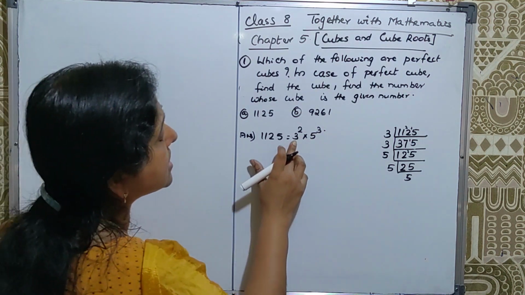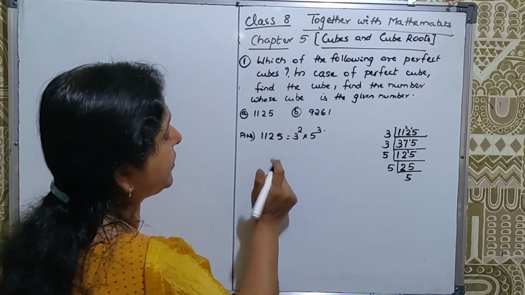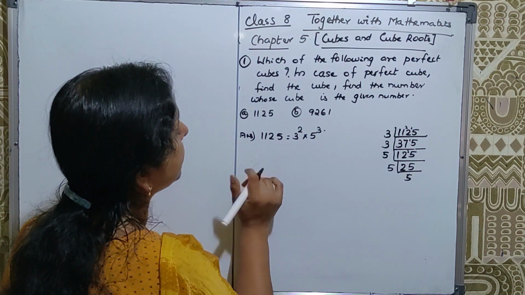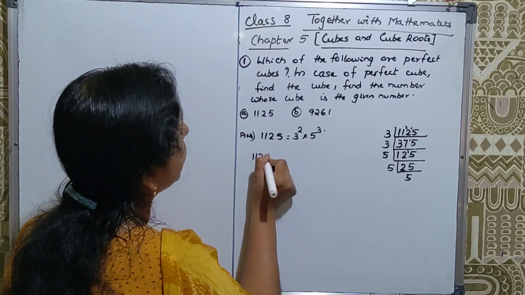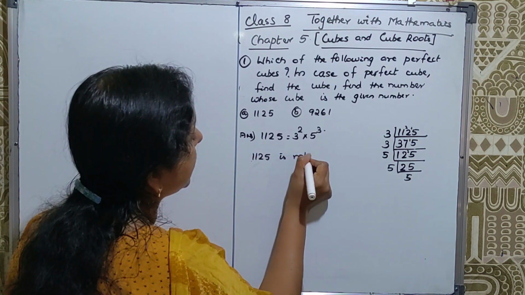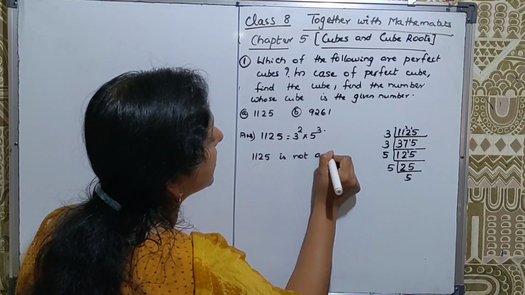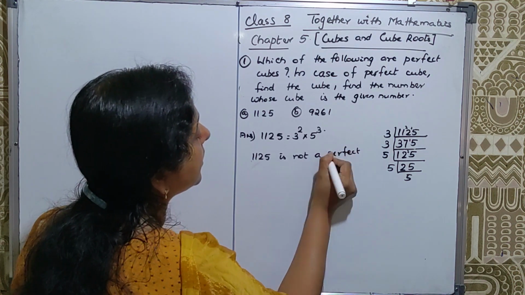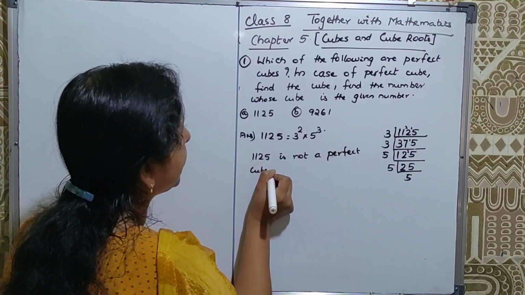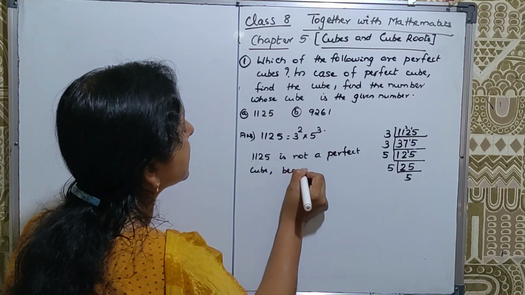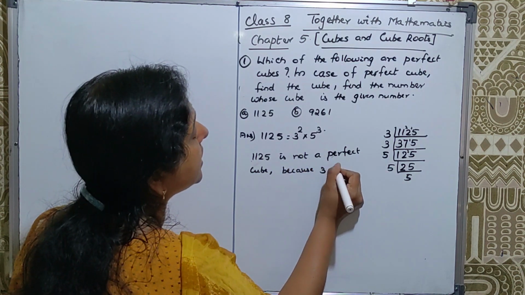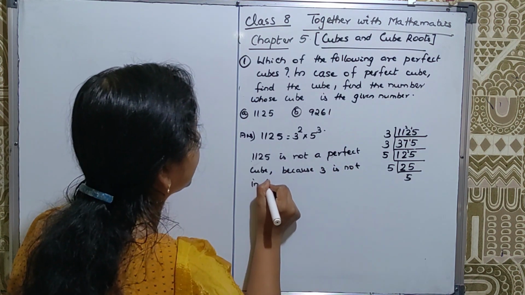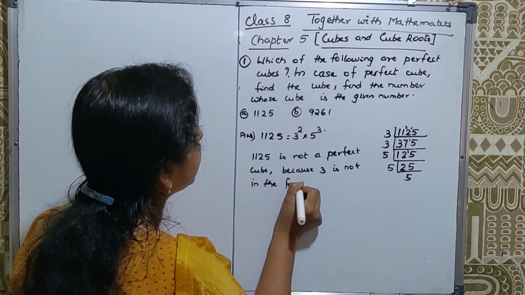Since 3 is not in the form of a triplet, out of 3 squared and 5 cubed, we write: 1125 is not a perfect cube, because 3 is not in the form of a triplet.